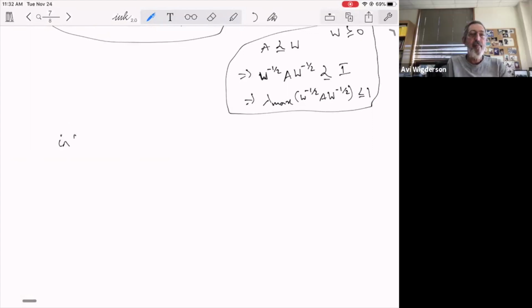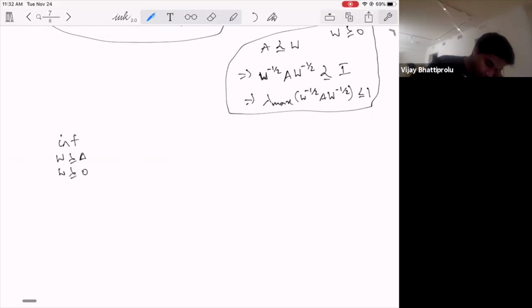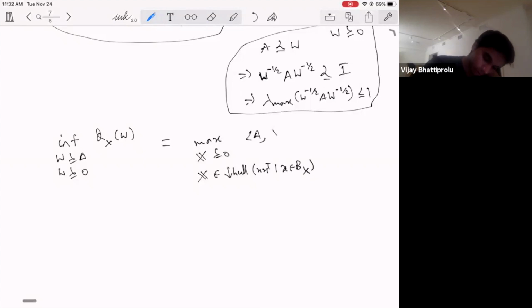So now a new goal is to show that the infimum over W dominating A, W PSD, of the quadratic maximum of W is equal to the maximum over bold X PSD, belonging to the downward closure of the convex hull of X X transpose such that X is in Bx, of A inner product boldface X. Okay, so this is our new goal.